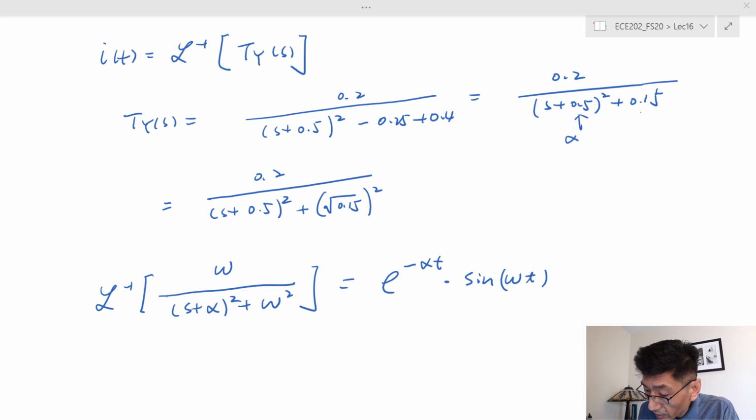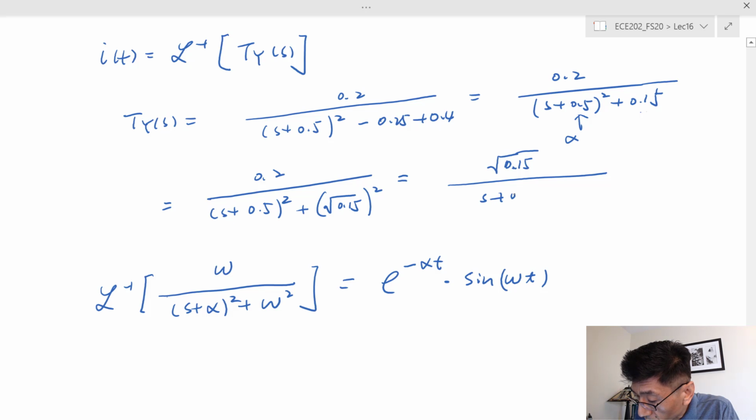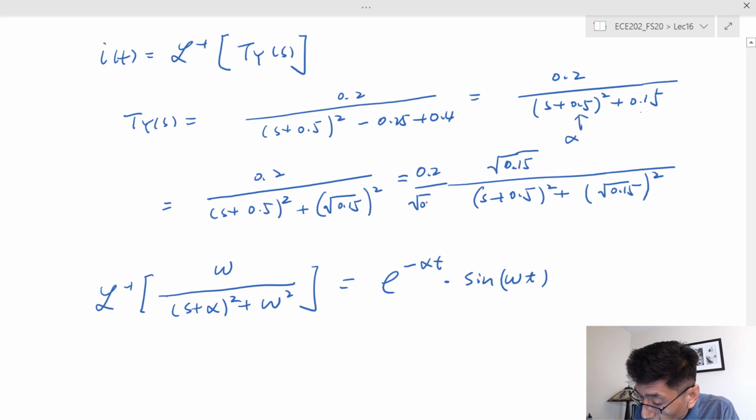So try to utilize this, and I would like to have this omega on the numerator, so I want to have the square root of 0.15 on the numerator, so I need to divide that by S plus 0.5 squared plus the square root of 0.15 squared, and now I need to divide the 0.2 by the square root of 0.15, right? So this is the form I can utilize.